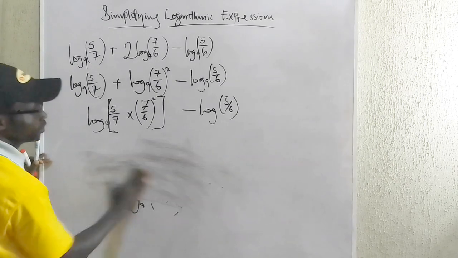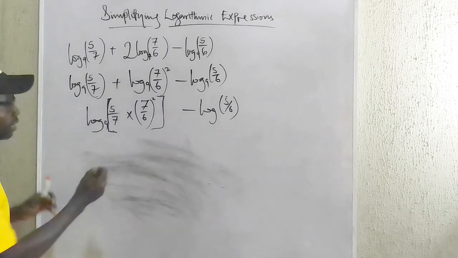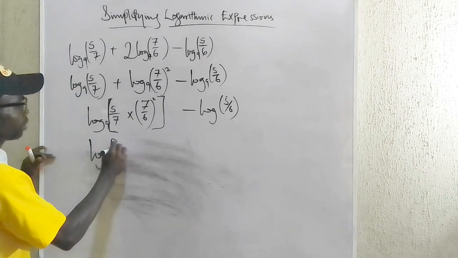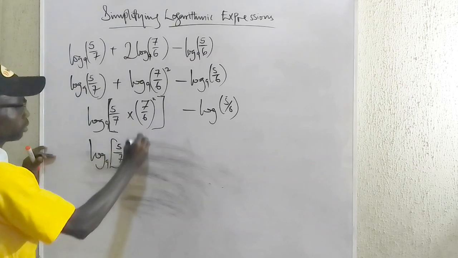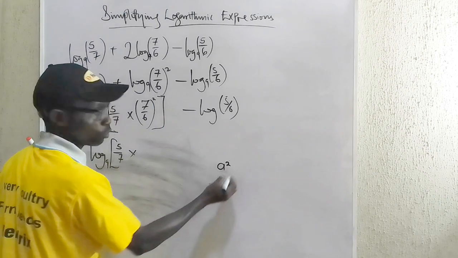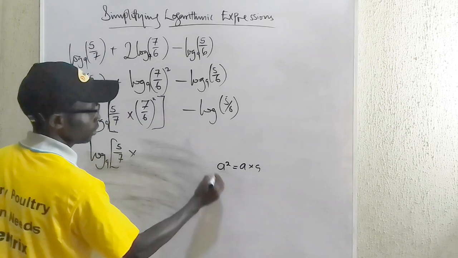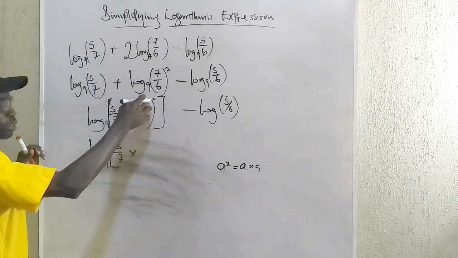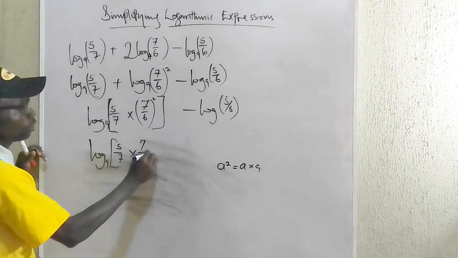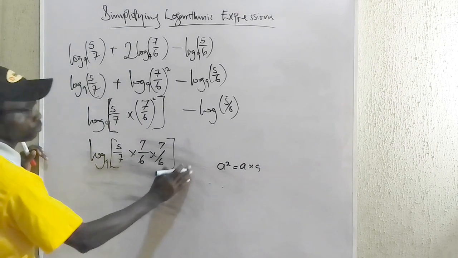Having this way, this one appeared twice, so we'll make it twice. There's going to be log in base 9 of 5/7 times. Now remember, if you have a raised to the power 2, what does it mean? a times a. So the same thing here. This square affects both the numerator and the denominator. So it means 7/6 times 7/6.